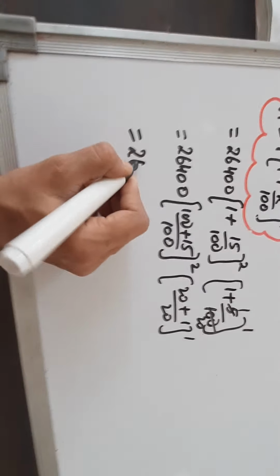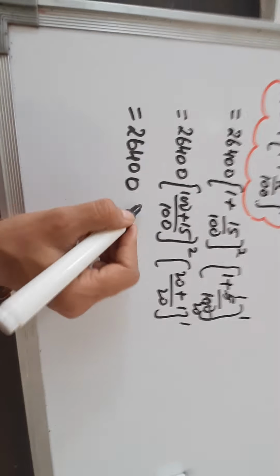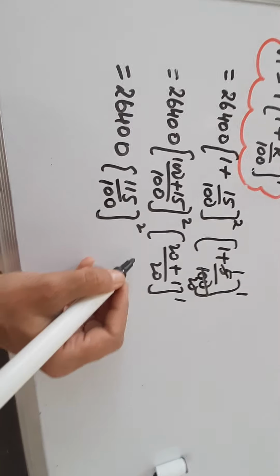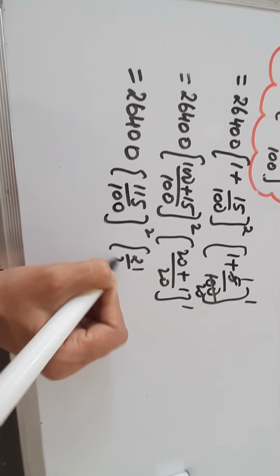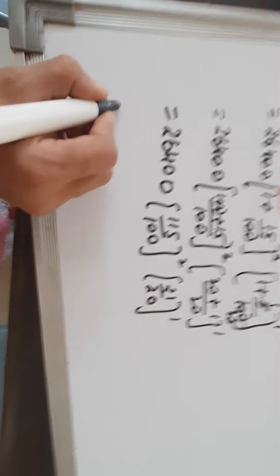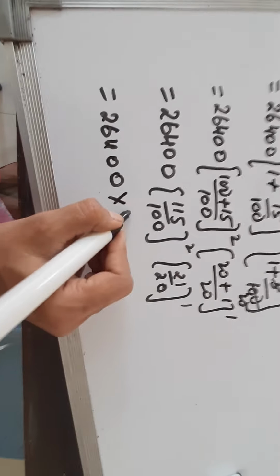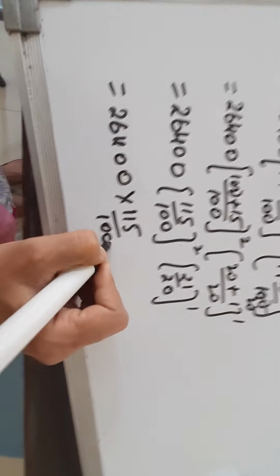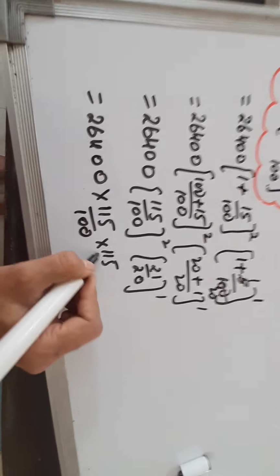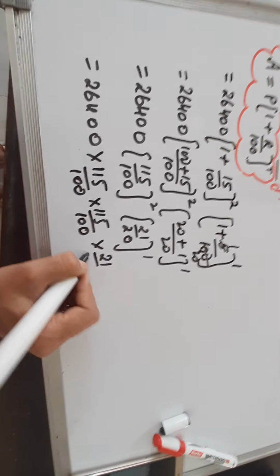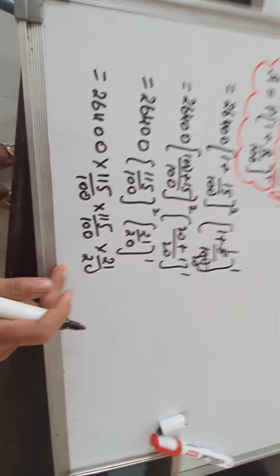So when you will solve it, we'll get 115 by 100 square into 21 by 20 raised to 1. Because the square is there, we will multiply it for 2 times like this, and multiplied by 21 by 20, and its power is 1, so only one time.